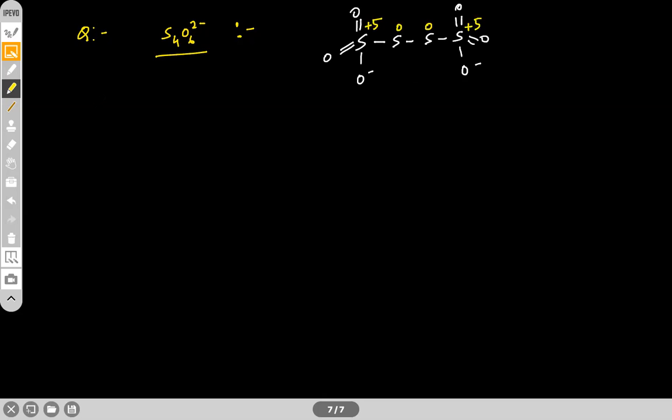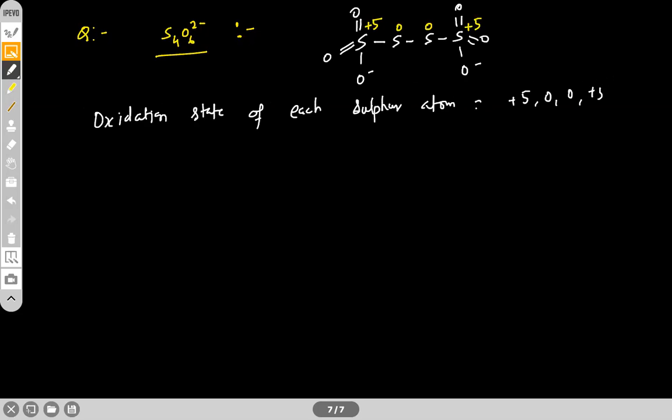So if they ask you the oxidation state of each sulfur atom, the answer is plus 5, 0, 0 and plus 5.